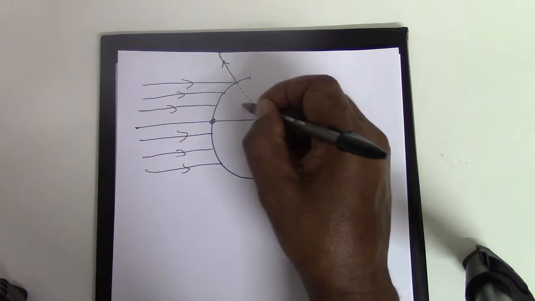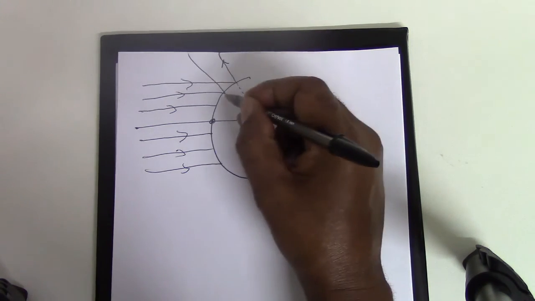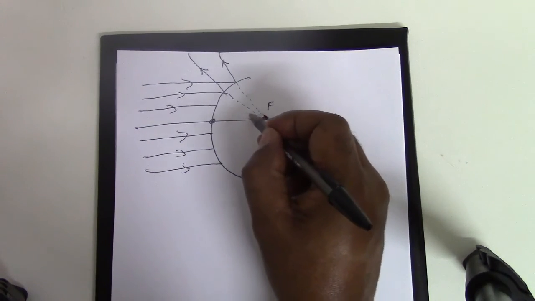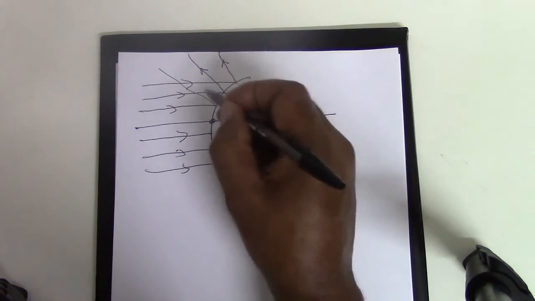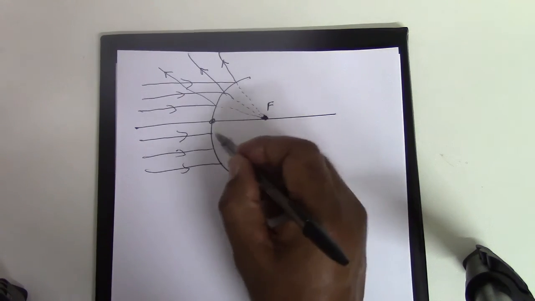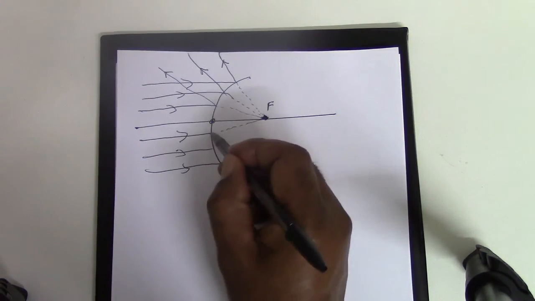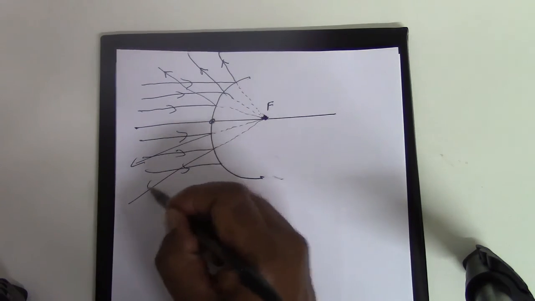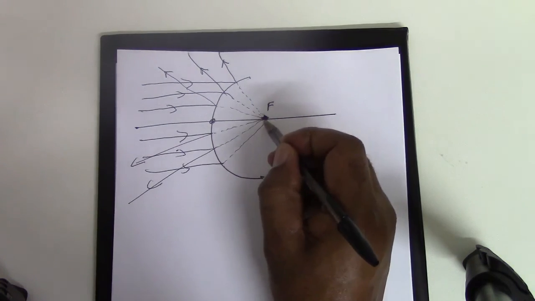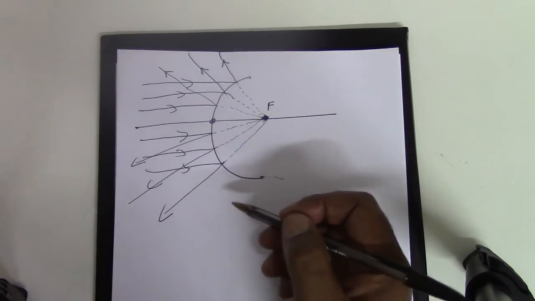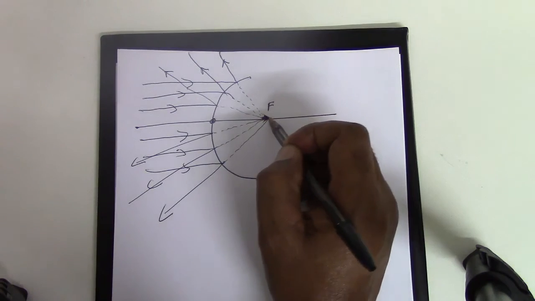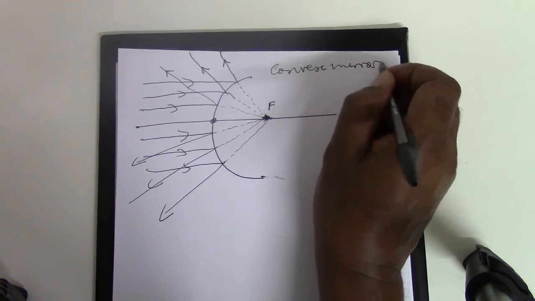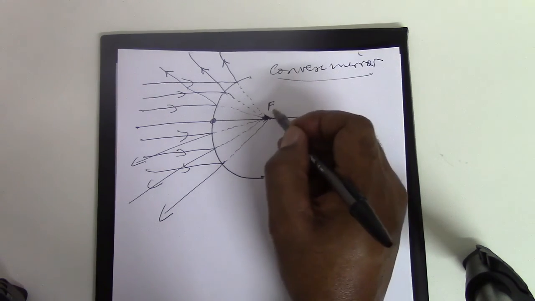This one, when it is reflected, appears to come from this point. And this one, when it reflects, it appears to come from there. The same applies with each one of these, like that. They all appear to be coming from this point. This is in terms of the convex mirror. So this is the focal point.